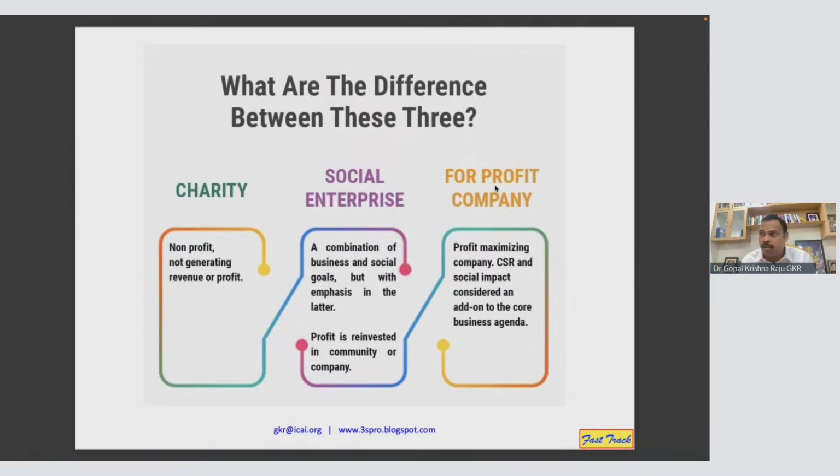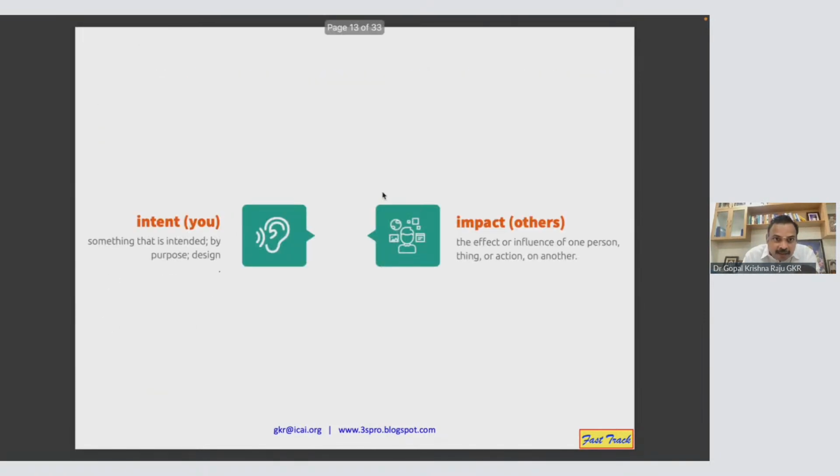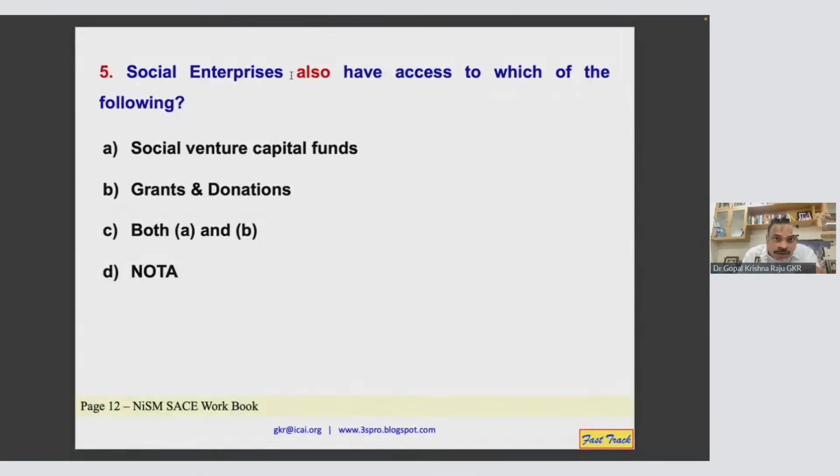Below 5 crore profit, there is no such mandate; you have an option. But if you are a social enterprise, please look at this: social enterprise also has access to grants and donations, social venture capital funds, both A and B. You have to be very careful with the question.